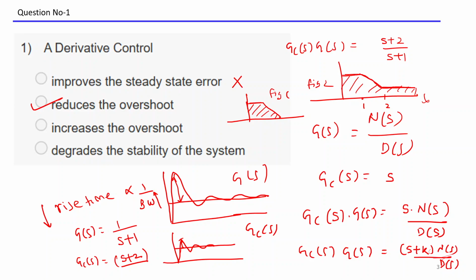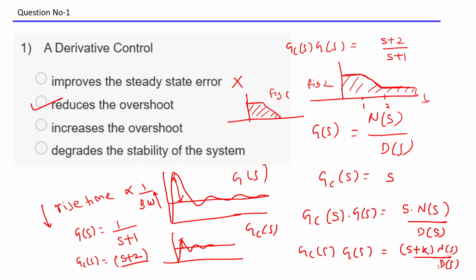You can find that out, whatever you are pointing out. I will take one question related to that. I'll take a second order system, add some controller, and we'll find out the k value. Do you understand what I'm telling?